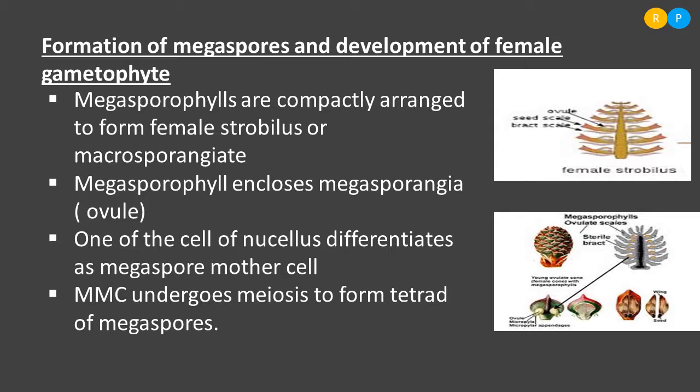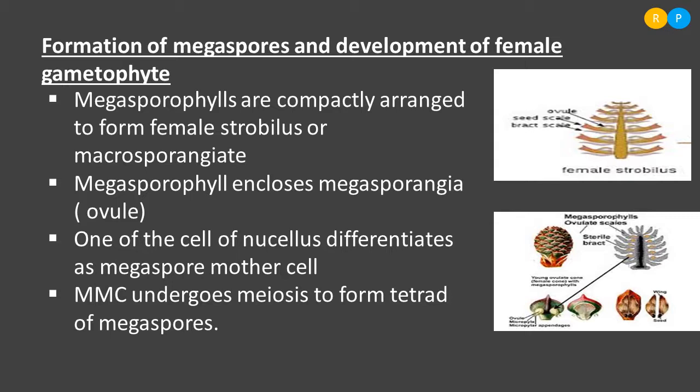Four daughter cells will form. Because their number is four, they are named tetrad megaspores. So the megaspore mother cell undergoes meiosis to form tetrads of megaspores. Four megaspores will form, so they are called tetrads.